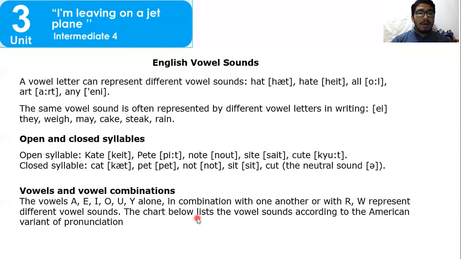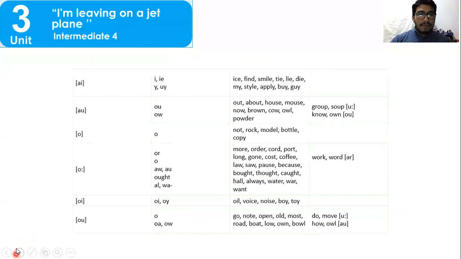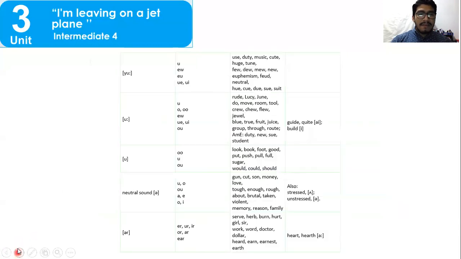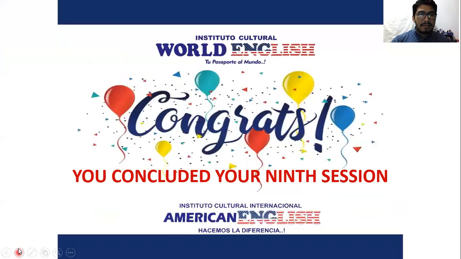The chart below lists the vowel sounds according to the American variant of pronunciation. Okay? For example, here you can see many different phonetic symbols.